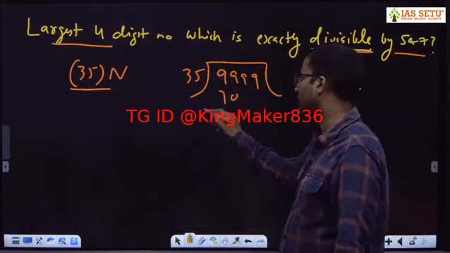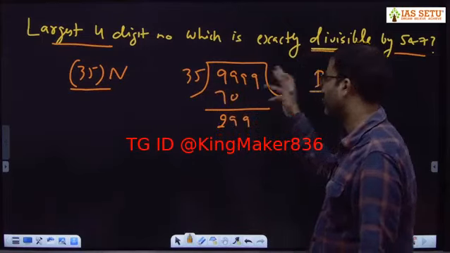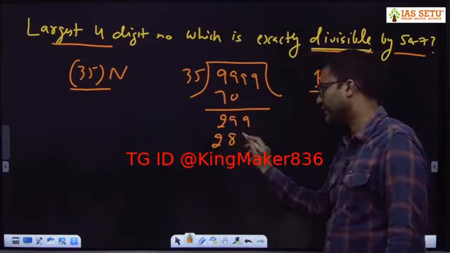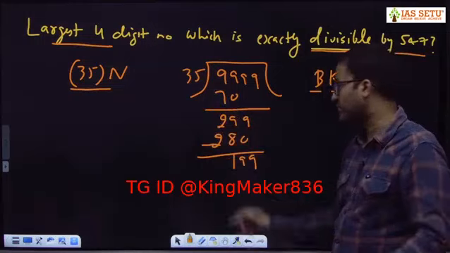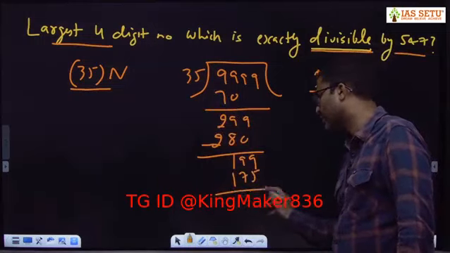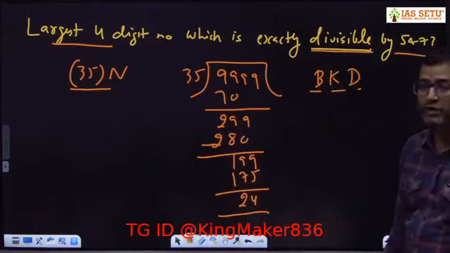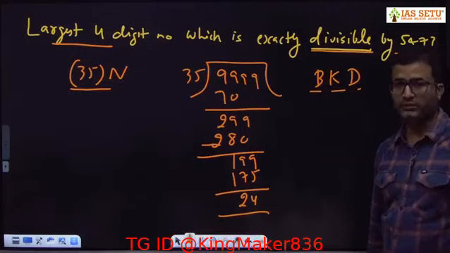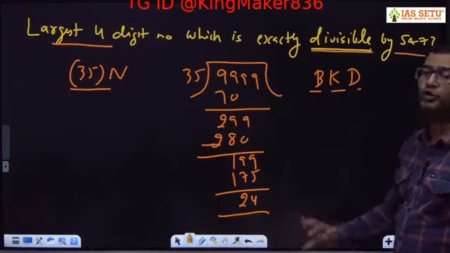35 twos are 70, 35 fours are 140, 35 eights are 280. Continuing, 35 fives are 175 for the last part. So here your remainder is 24. It means you have 24 extra chocolates, which you don't want.